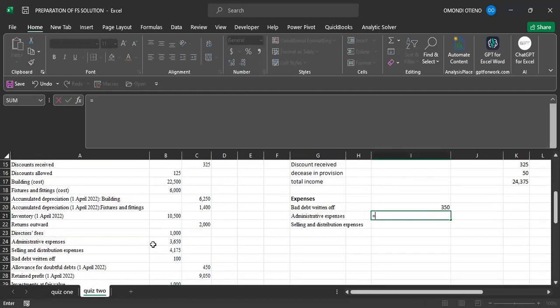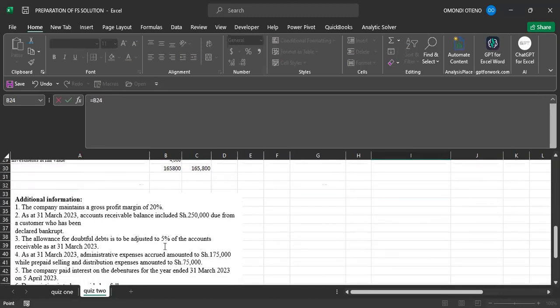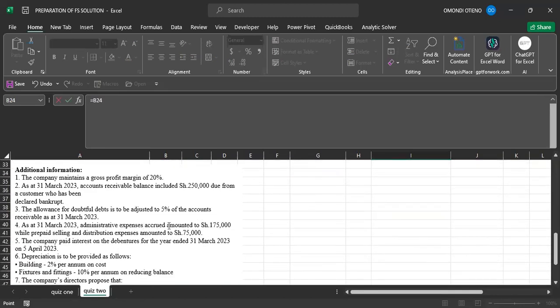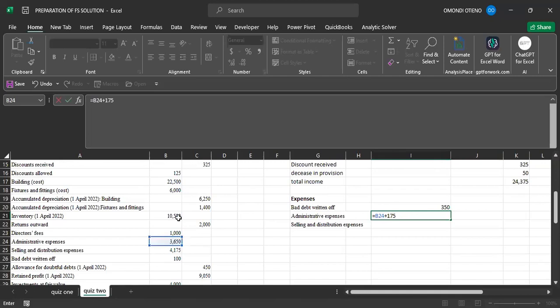We already have this admin expense, right? What has happened to the admin expenses? We have accrued. Accruals increases the expense amount. So how much was accrued? Accrued 175. Don't bring 175,000 because the figures are in thousand. So just bring 175. That is admin expenses.